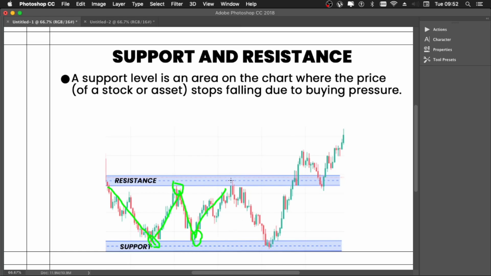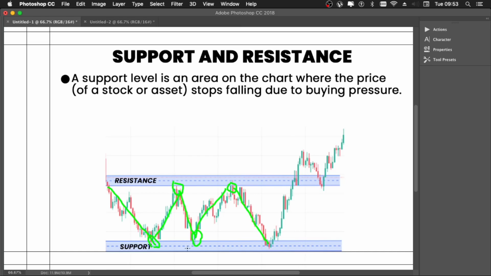Let's look at other areas where price came back to this zone and how it reacted. Price created this high and then came back down into our zone. It's a zone, it's not a line. Many people make the mistake of treating support and resistance as exact lines where price should bounce off and change direction.